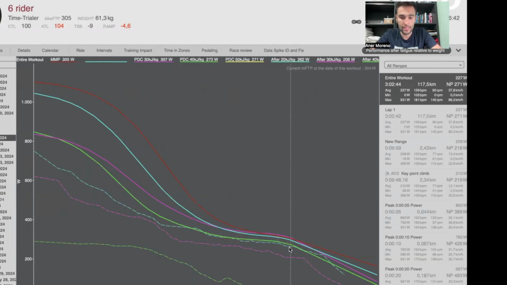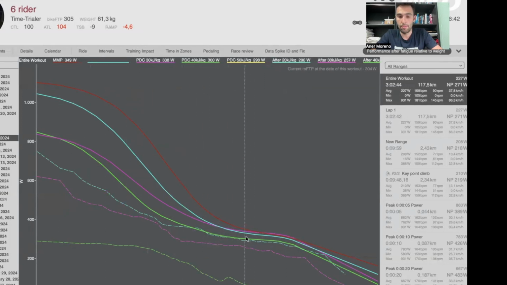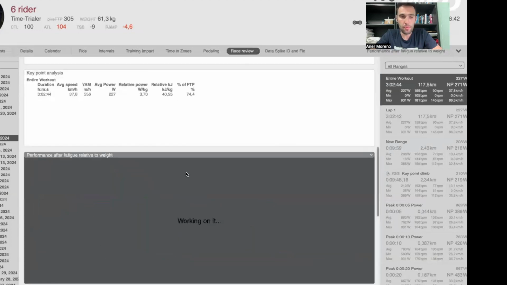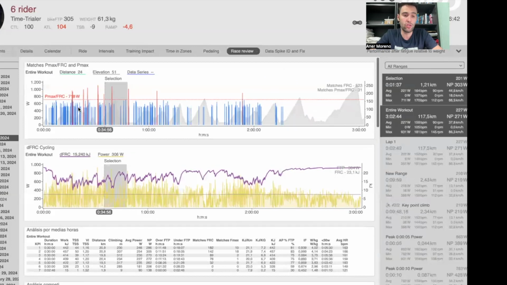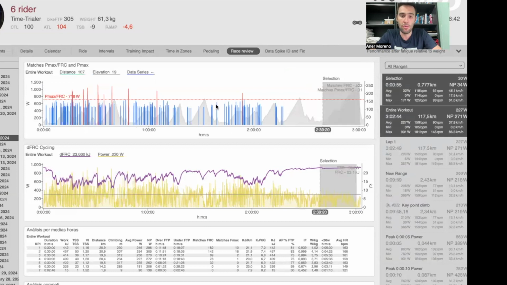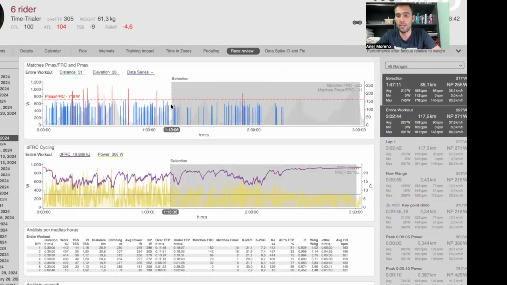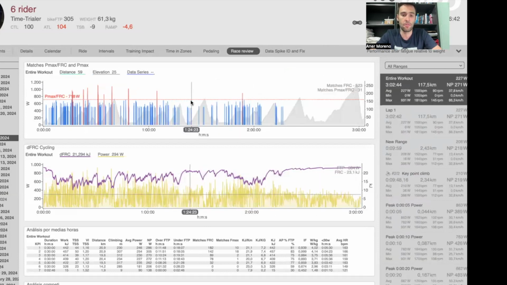This way we can see the rider has not reached his best power duration curve on fatigue, because this rider was going in the breakaway. So the most valuable thing in the report we can make is that he has spent so much energy here that he's not able to perform his best in the second part of the race.